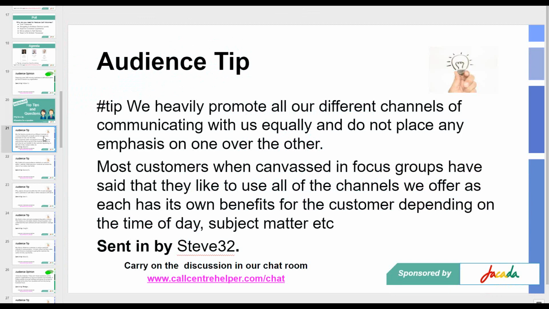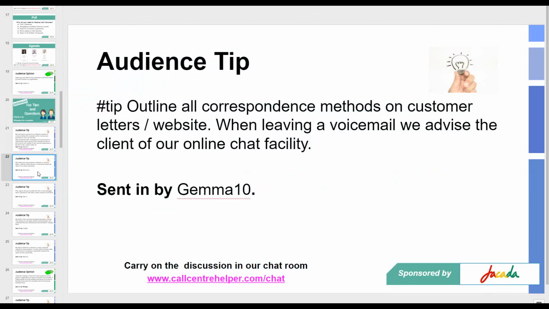Most customers, when canvassed in focus groups, have said they like to use all the channels we offer, as each has its own benefits for the customer, depending on the time of day, subject matter, etc. And on a similar theme, Jenna has said, outline all correspondence methods on customer letters or websites. And in particular, when leaving a voicemail, we advise the client of our online chat facility. So I guess that's if we can't reach you by phone, then you offer that chat facility.